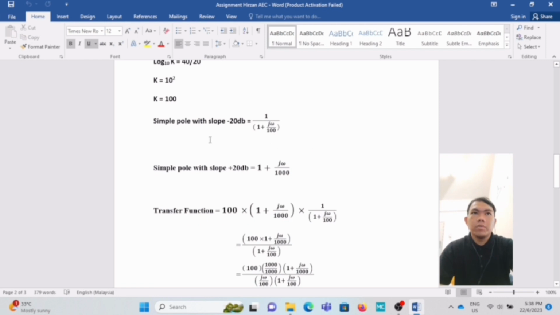For the simple pole with slope negative 20 dB, it is equal to 1 over (1 plus j omega over 100). And the simple zero with slope positive 20 dB equals 1 plus j omega over 1000.